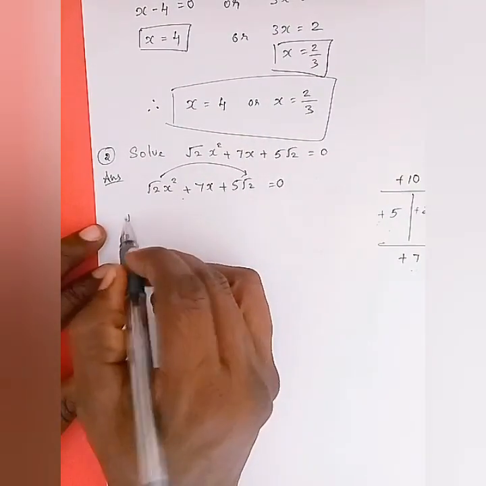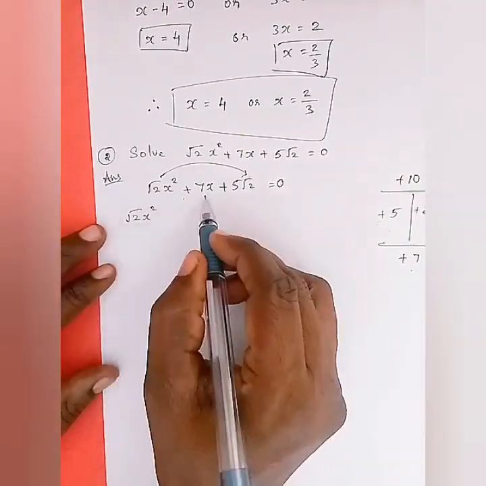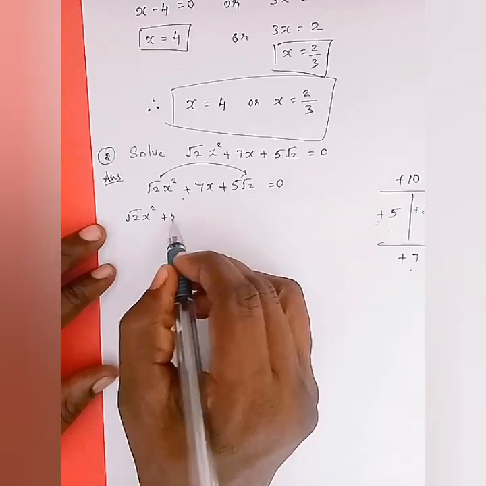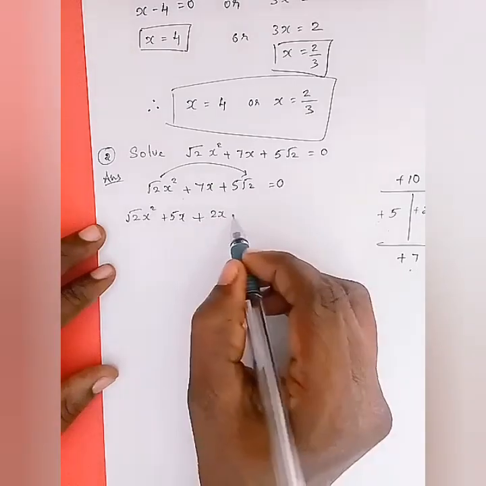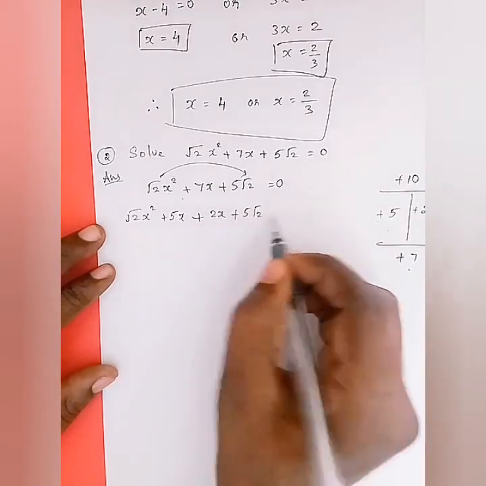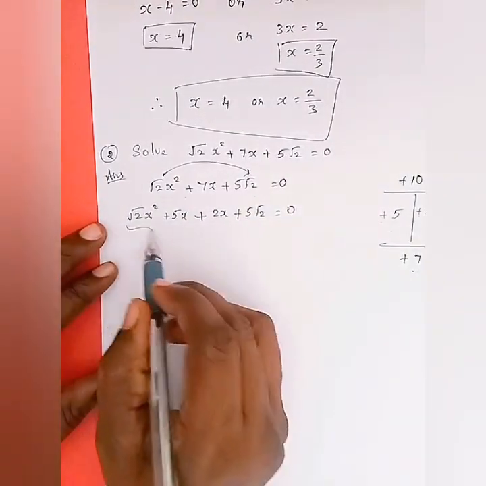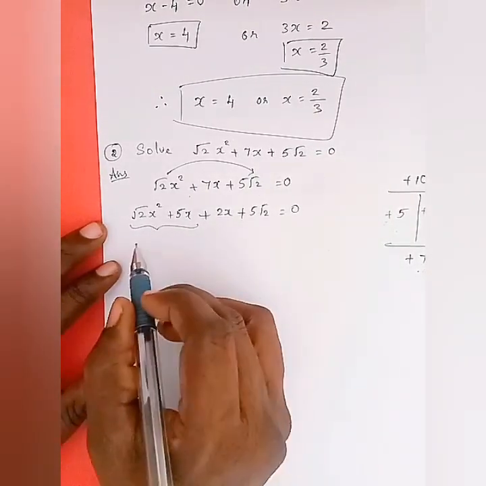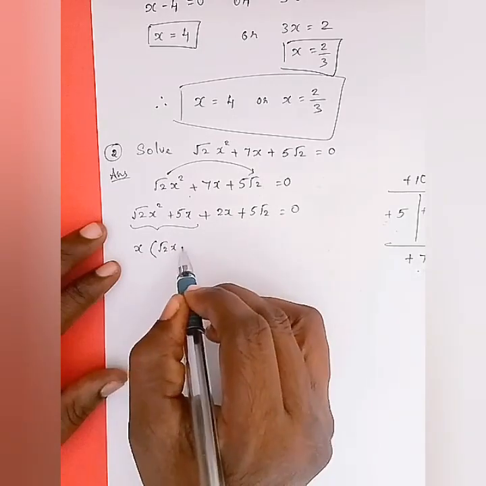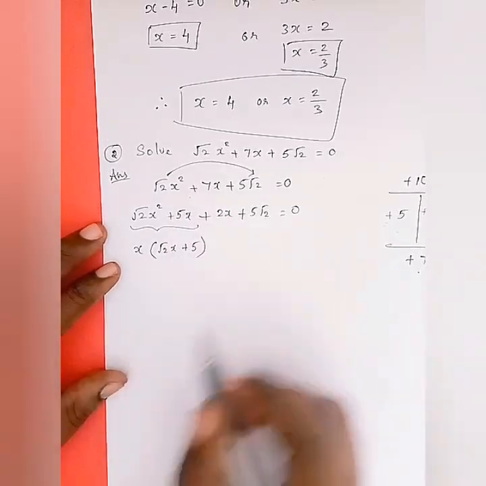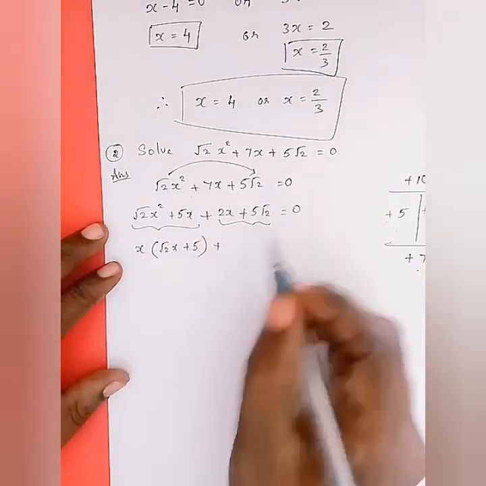Now I am going to split the middle term 7x as plus 5x plus 2x plus 5 root 2 equal to 0. Now from here you can see x term is common. So root 2x plus 5 and plus here what is common?